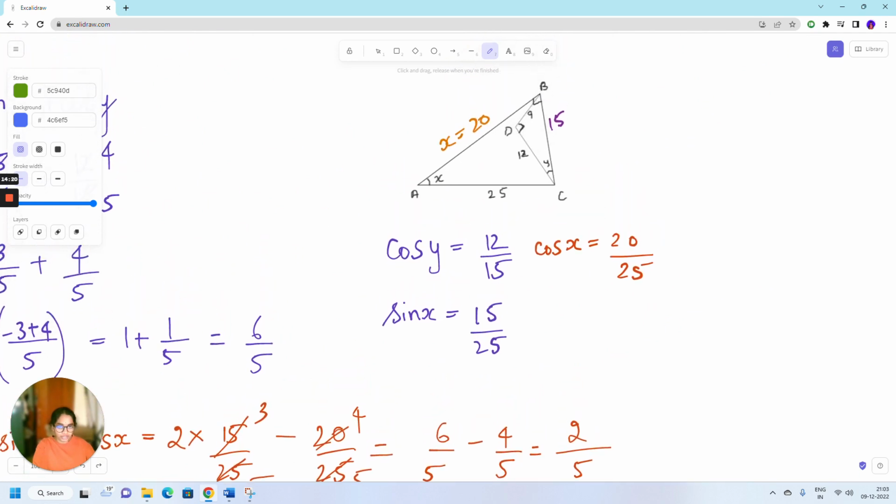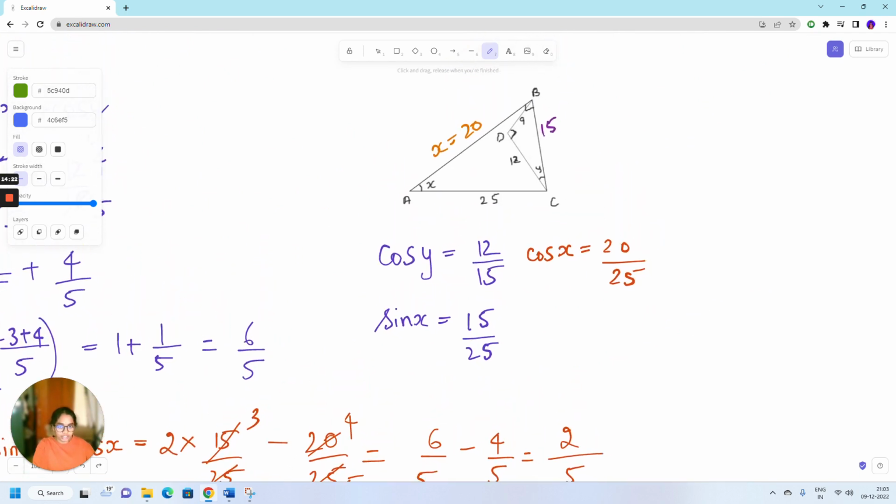For tan x, which is the triangle that we take? That is triangle ABC, right? Because at angle A we have x. What is tan x from the triangle now? Tan x is equal to opposite 15 divided by adjacent, that is 20. So can I write this as 3 divided by 4?